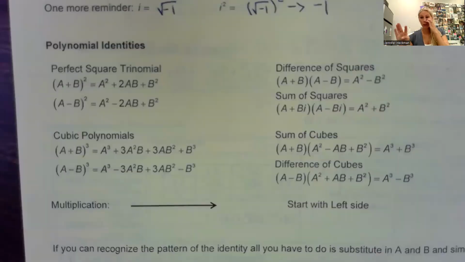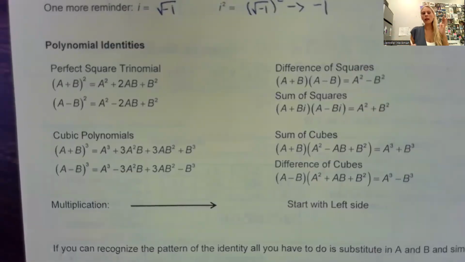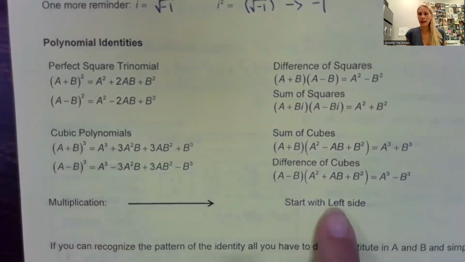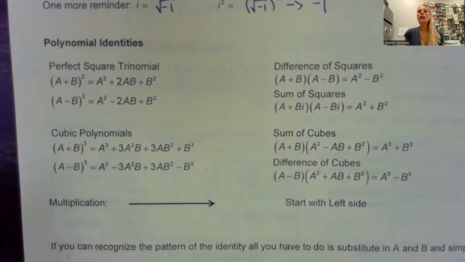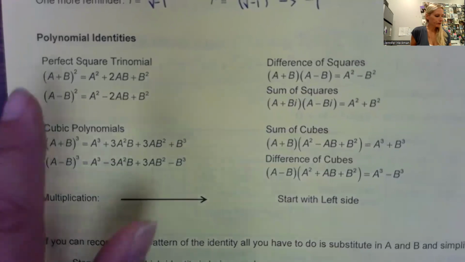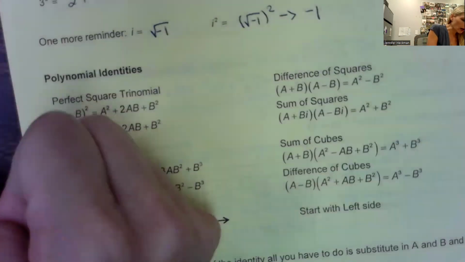Now we're going to stick with multiplication right now. With multiplication, we're going to look at the left side and actually calculate it to make it the right side. So left side, calculate it to be the right. These are the different types of polynomial identities that we are looking at. We have a perfect square.